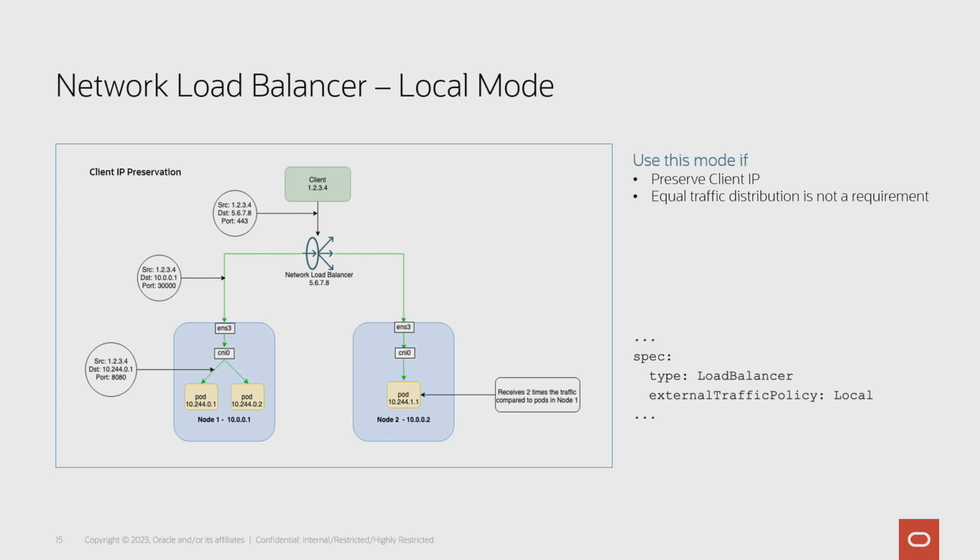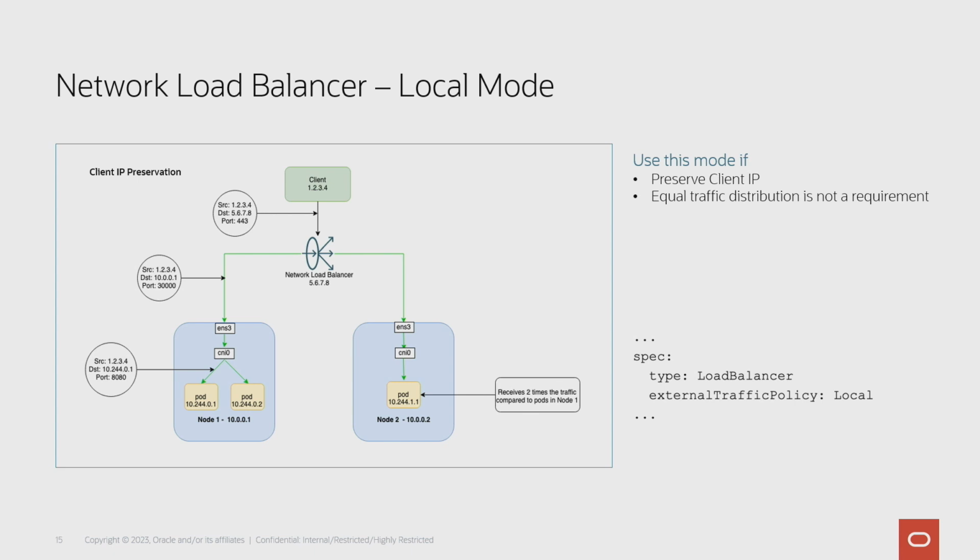And the way it works is, let's say the first traffic comes from the client and hits the network load balancer. The network load balancer sends the traffic to the first worker node on the left, and the worker node sends the traffic to 10.244.0.1. The first traffic went to 0.1. Now the second traffic would go to the NLB and go to the second worker node and reach 1.1.